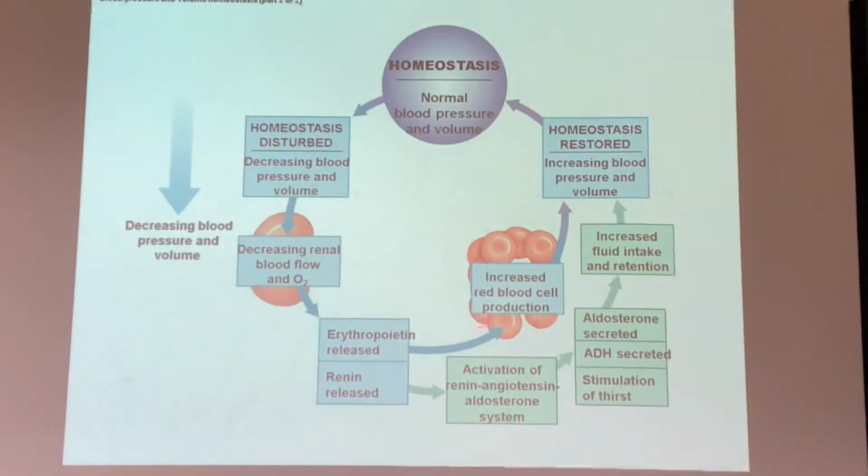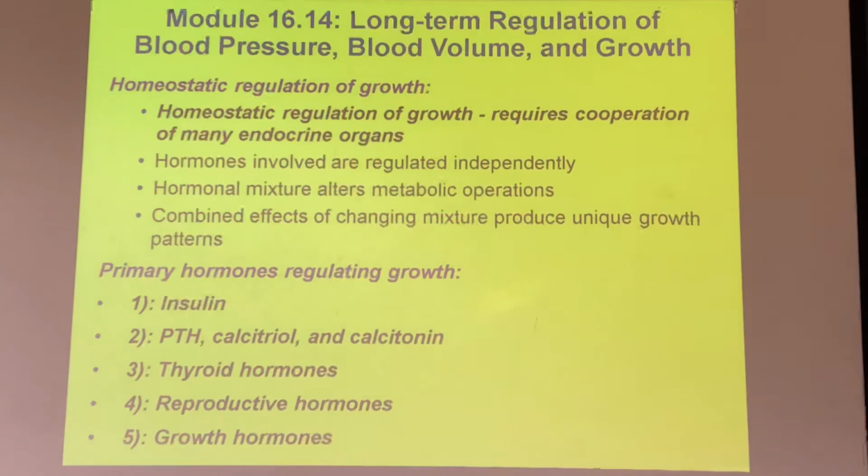And again, this is normal, it is disturbed, so you have blood pressure and volume decreased. Then you will have EPO, which is erythropoietin, it will increase the blood cell production, and then another one will go for the renin-angiotensin-aldosterone system, and then they will restore.